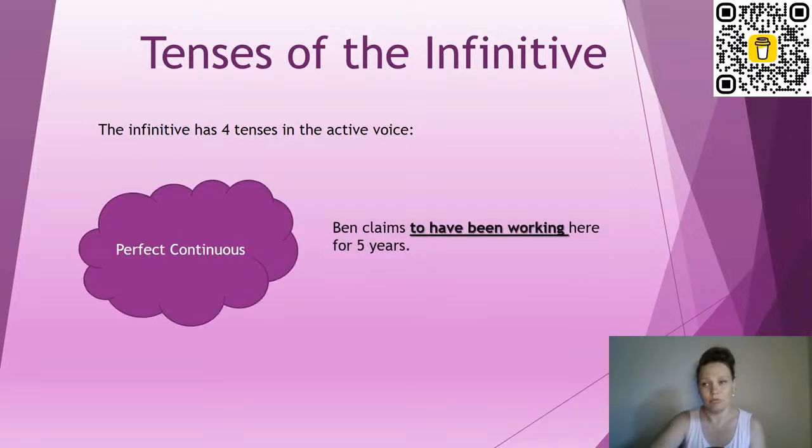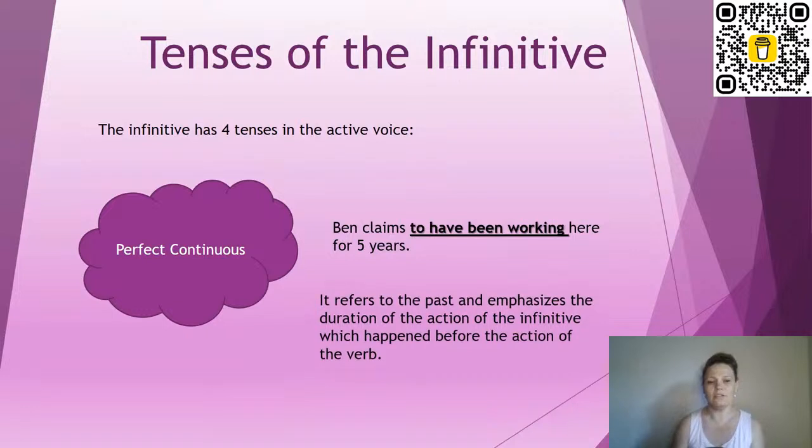And the last but not least, the fourth tense in the active voice of the infinitive is perfect continuous. Ben claims to have been working here for 5 years. To have been working. Have been and the verb with ing.